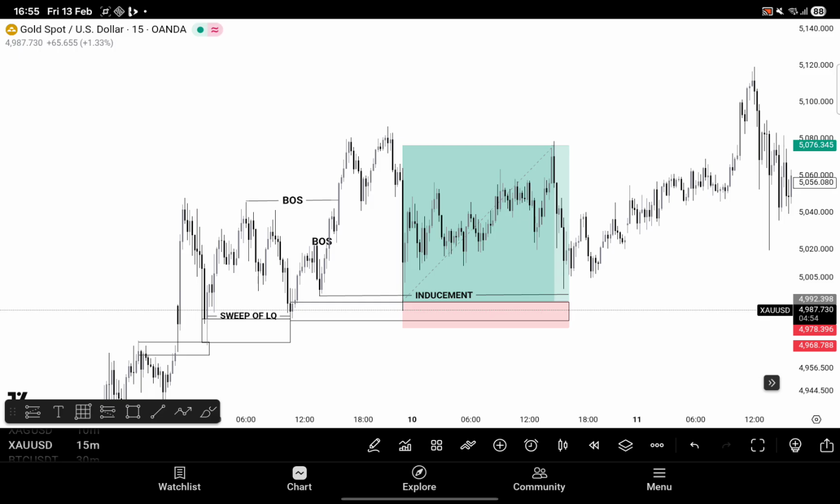A few days back, about the last 2 or 3 days, I made a promise to you guys to discuss this particular entry model that I took on gold.